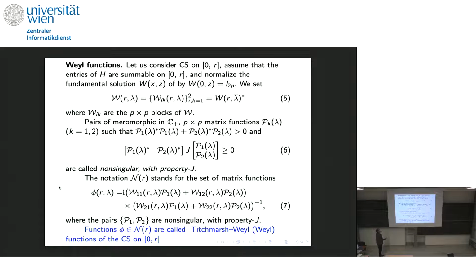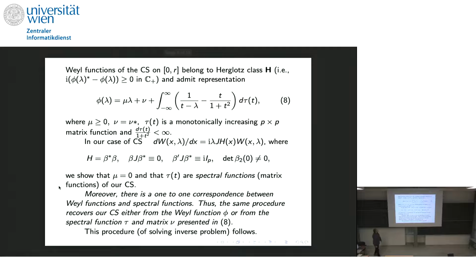The set of Weyl-Titchmarsh functions on the interval 0R is described by these linear fractional transformations, as it is usually done. Functions phi belonging to N of R are called Titchmarsh-Weyl functions of the canonical system on 0R. They belong to the so-called Herglotz class and admit Herglotz representation.